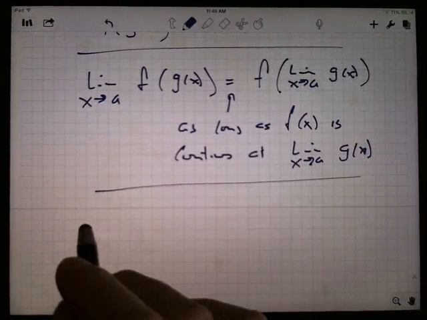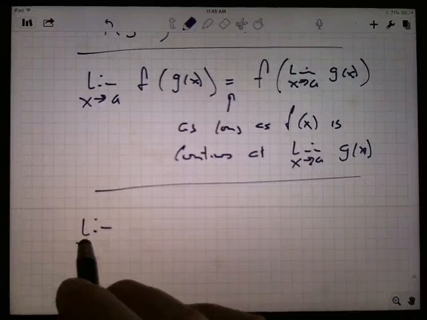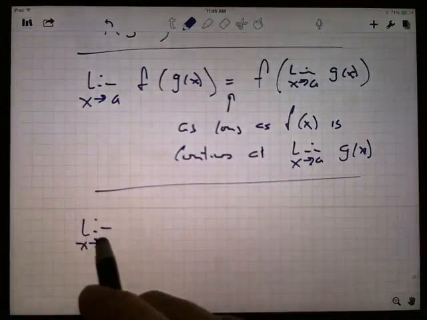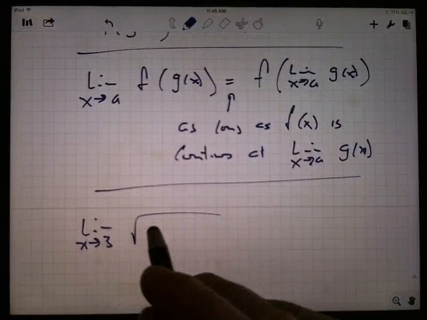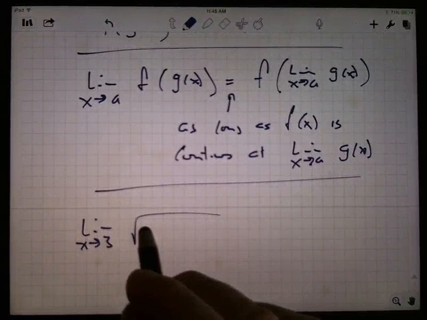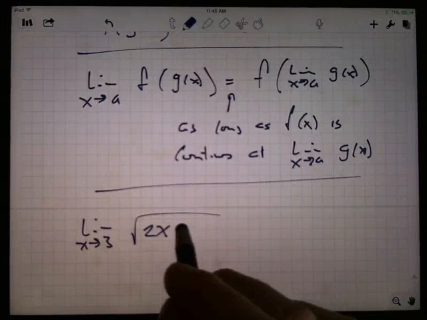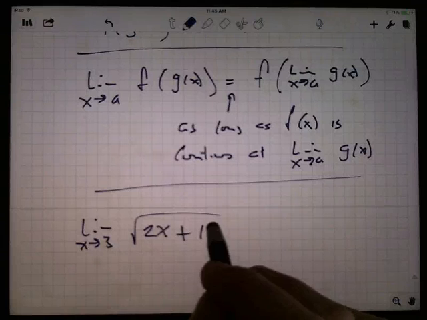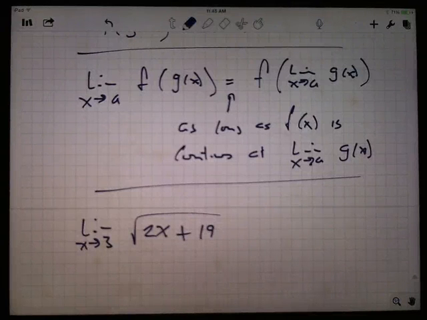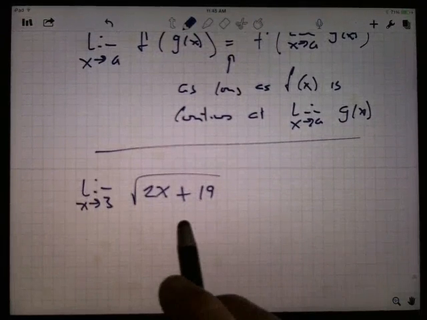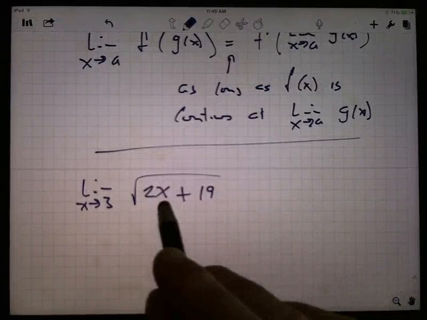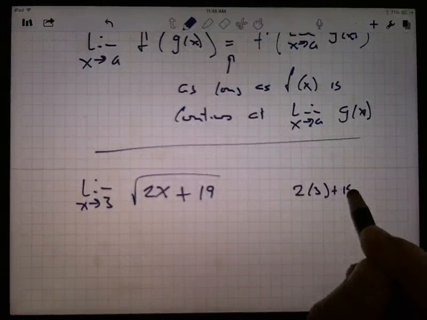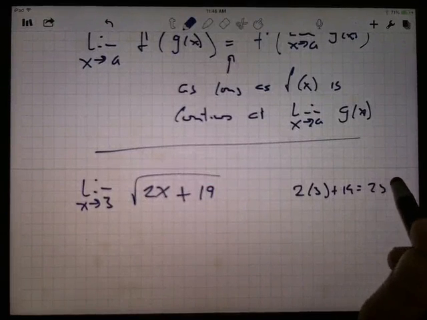If I asked you, what's the limit as x goes to 3 of the square root of 2x plus 19, what are you going to do? You're going to say, well, if I plug a 3 in there, 2 times 3 plus 19 is 25.